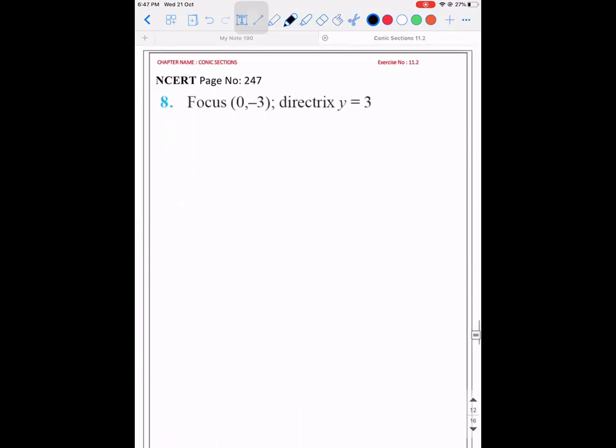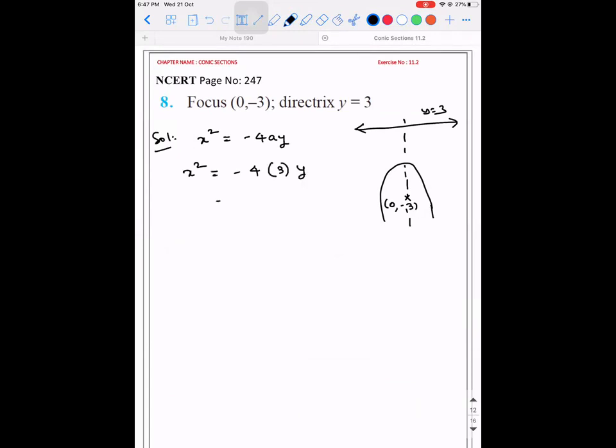Next, focus is 0, comma minus 3. Directrix is y is equal to 3. So what is the answer? x square is equal to minus 4ay. So x square is equal to minus 4 into a into y.